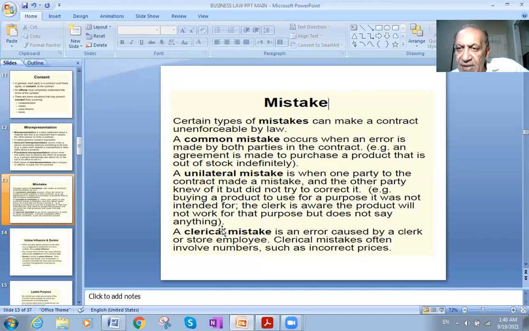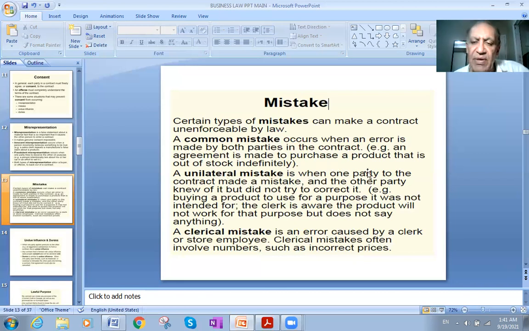So the clerk here knows that the reason you bought this product, it won't work with you, but he pretended that he does not know. He didn't say anything. Okay, this is called unilateral mistake.